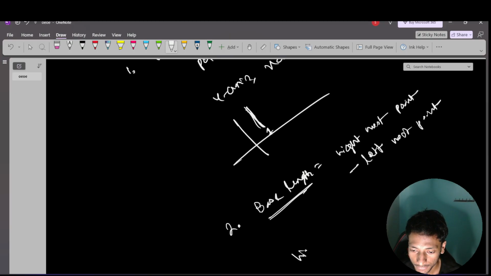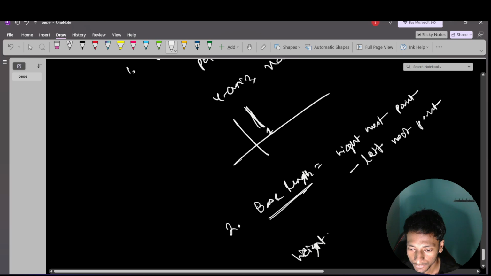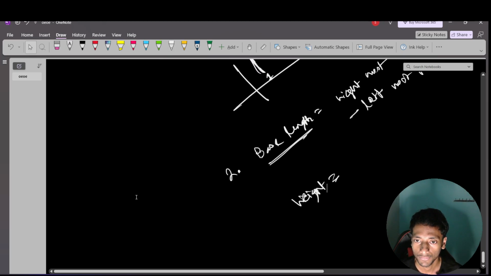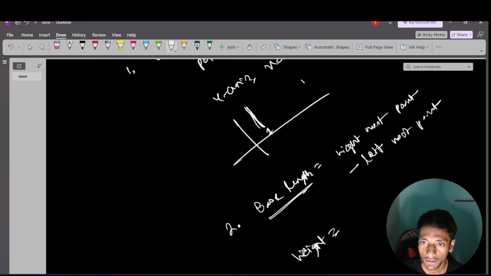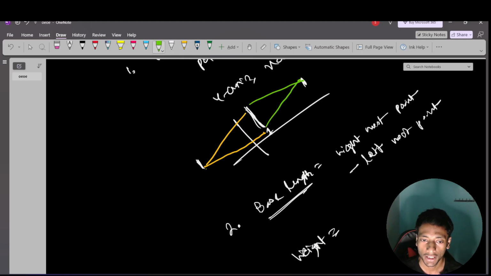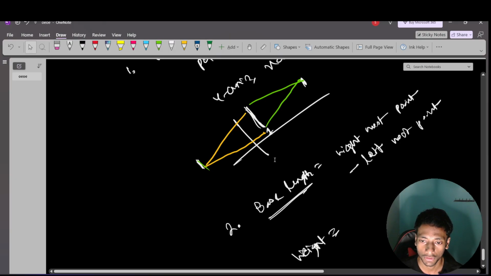And what will be the height? Height will be something like here or here. Both are possible, because it may be possible that I get the maximum area using this triangle, or it may be possible that I get the maximum value using the other triangle. So that's why I have to choose both. So height can be two things.